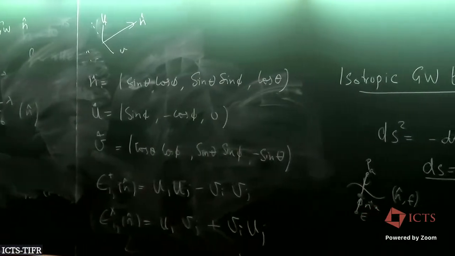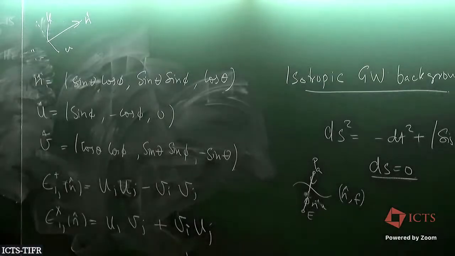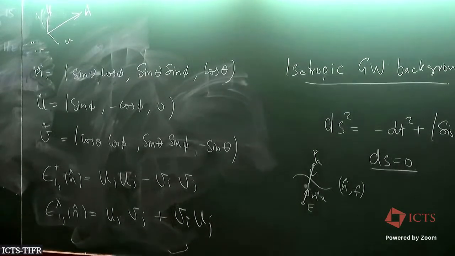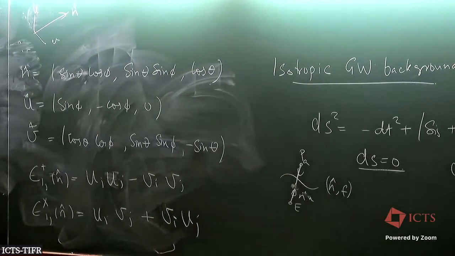So what you now do is take these angles, put this in this and do this angular integral. There is only one set of angles, which is the direction of the gravitational waves. It's a tedious calculation in the angular part, but nothing more. So look it up. I won't do it now.